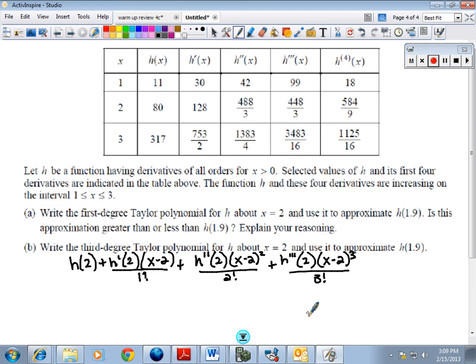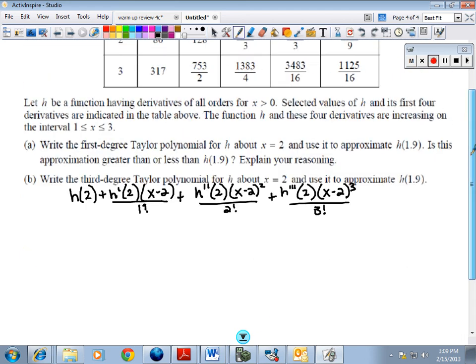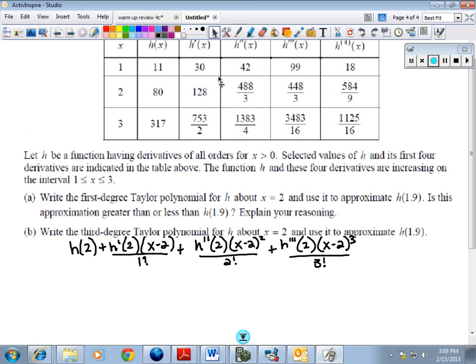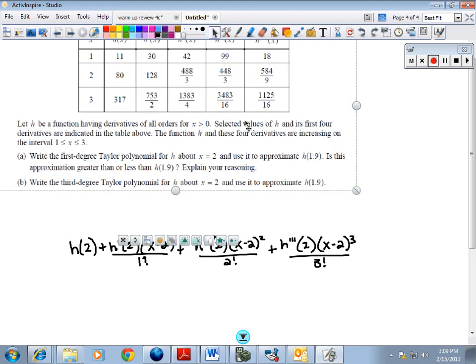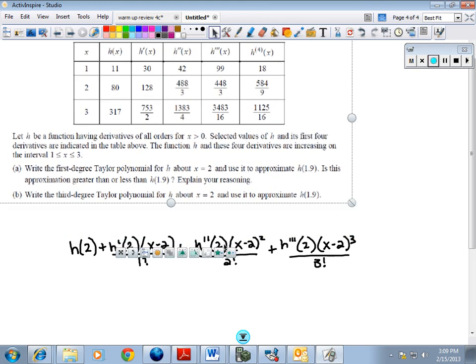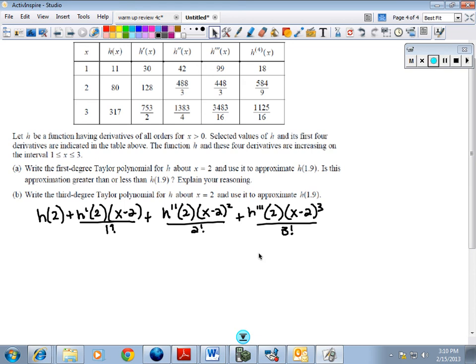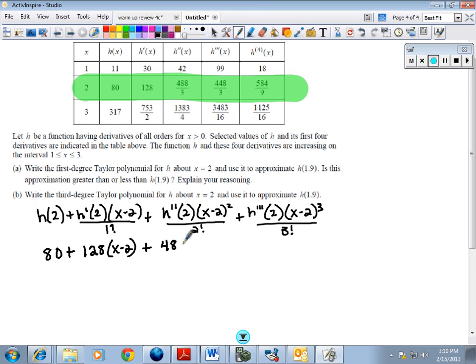Okay, so now I'm just going to fill my values in. I'm struggling. How about if I just make this smaller? I can't see everything at one time. See if I can move that up. Yay. Alright, so h of 2, again, I'm only looking here. h of 2 is 80, plus h prime of 2 is 128, times x minus 2 over 1 factorial. h double prime of 2 is 488 over 3.